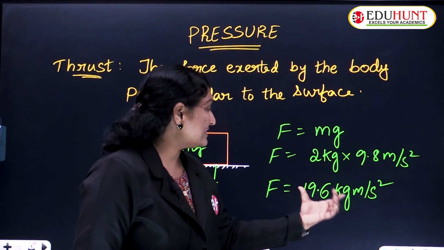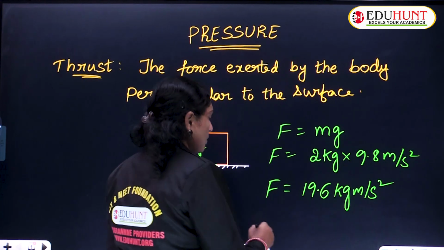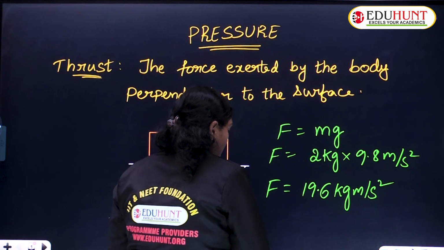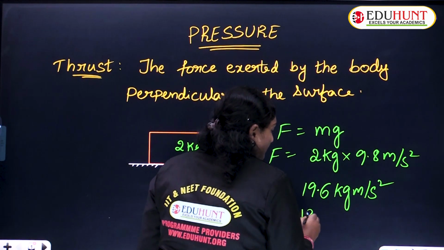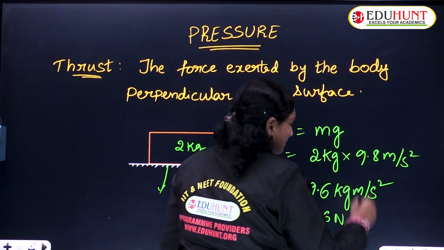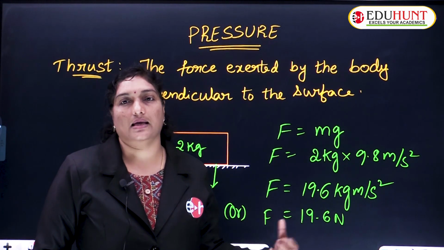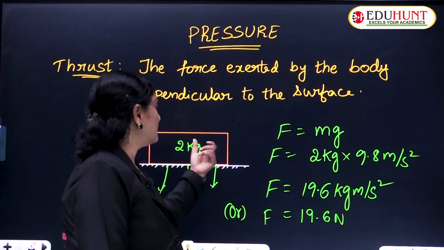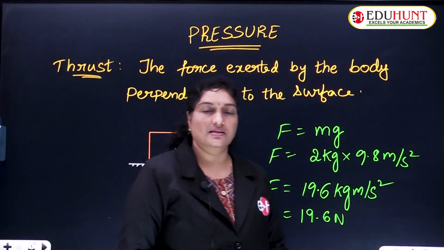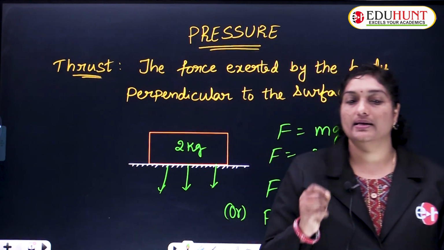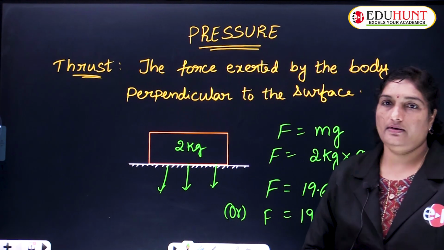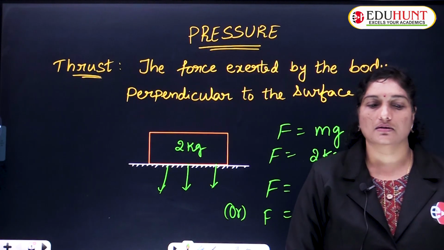This kg meter per second square is also written as 19.6 Newton, where 1 Newton is kg meter per second square. Hence, the thrust acting on the surface is 19.6 Newton. I hope you understood the concept.